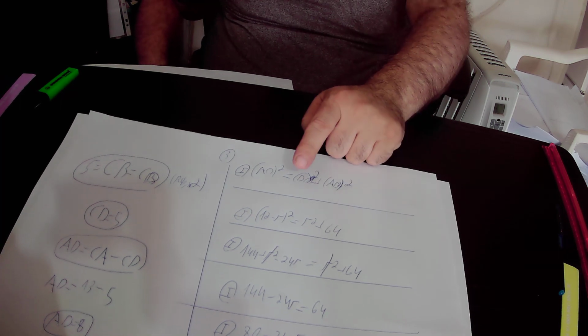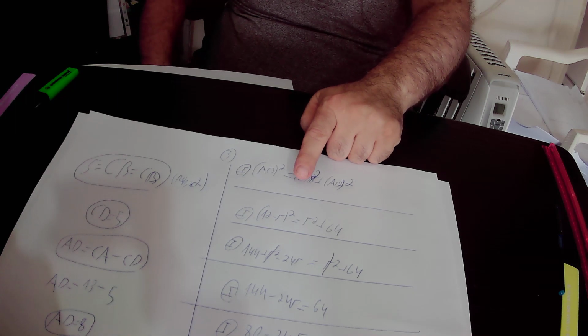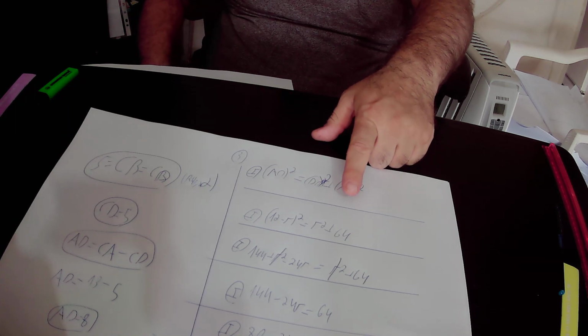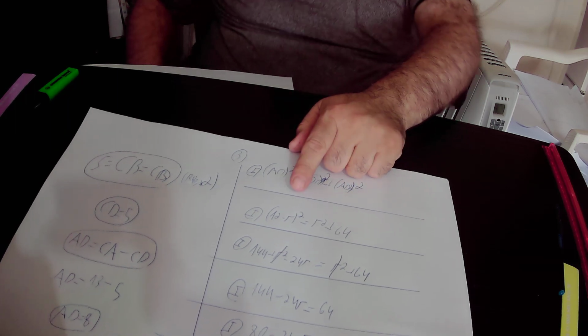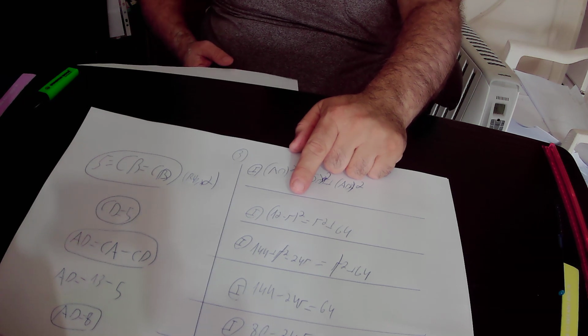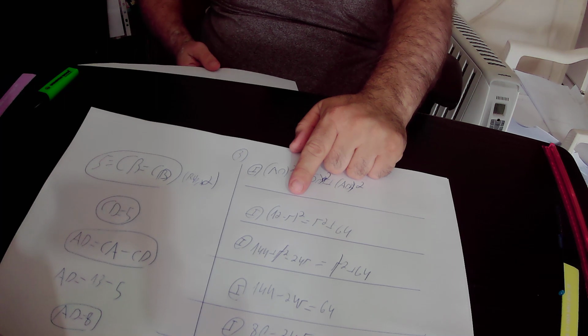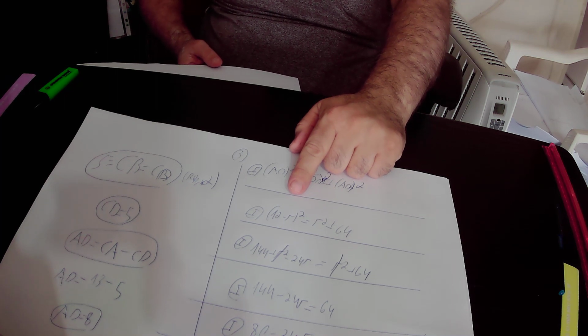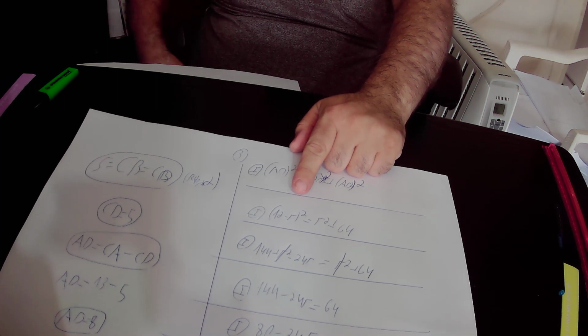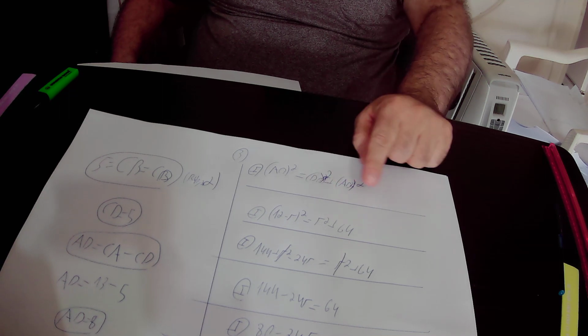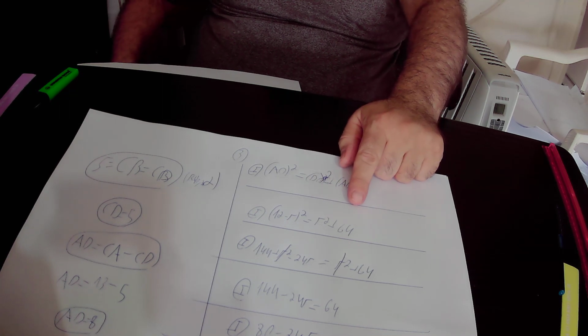So in conclusion, according to equation number 1, (12 minus R) square equals R square plus 64. We open the brackets on this side of equation number 1, and we found that (12 minus R) square is 12 square, which is 144, plus R square minus 24R. It equals R square plus 64.